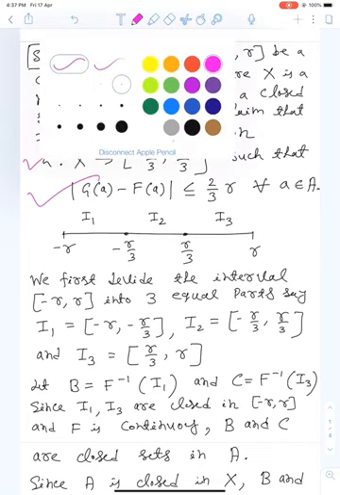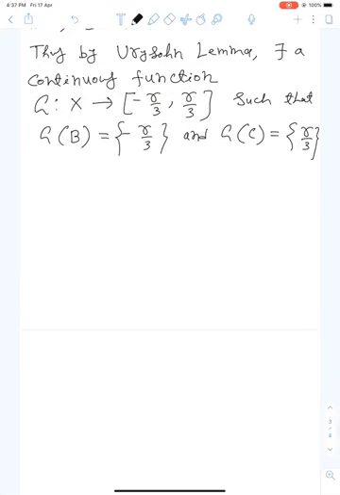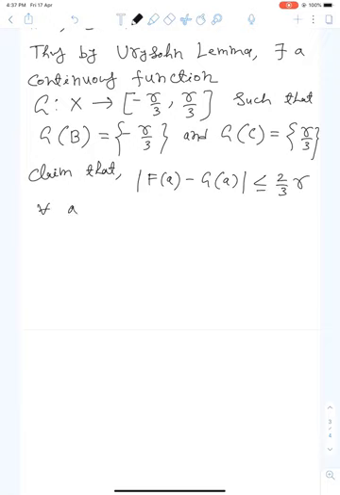Now claim that the absolute value of F(a) minus G(a) is less than or equal to 2 by 3 into r for all a belongs to A. Now why is that true?